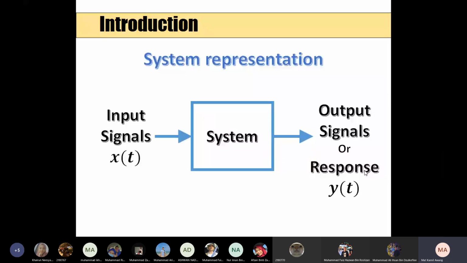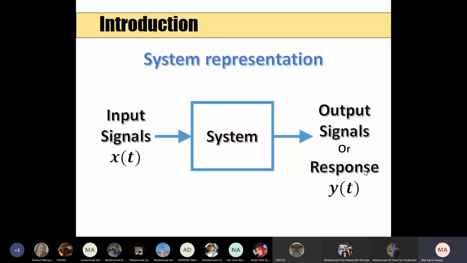A system can have single input, single output, SISO. You can have multiple input, multiple output, MIMO. You can also have single input, multiple output, SIMO, or multiple input, single output, MISO. Those are the 4 types of systems if we characterize them by the number of input and output signals.